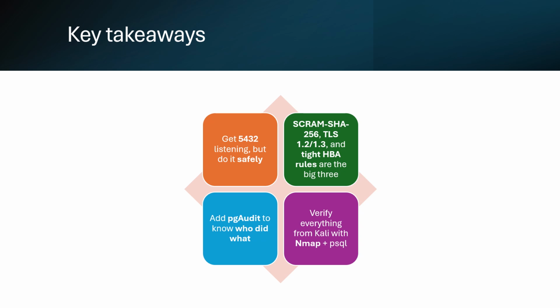To wrap up, you must have Postgres listen on 5432 in a controlled manner. Use scram-sha-256 for password authentication. Enforce TLS 1.2/1.3 and tightly restrict access via pg_hba.conf and listen_addresses.